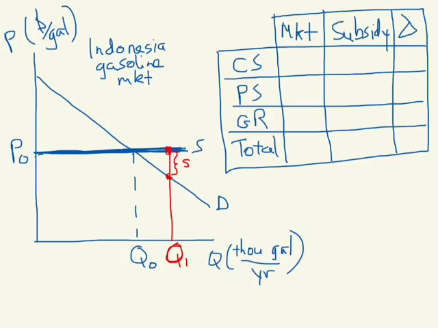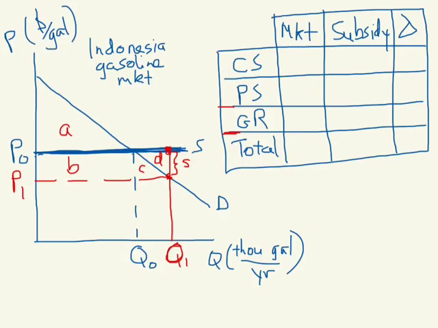The price buyers pay, of course, in this case is P1, and we are ready to analyze welfare outcomes. A, B, C, D. Notice over here I've got a new row in our welfare analysis table for government revenue. Government revenue is a positive if government is collecting taxes. Presumably the government is going to buy useful goods and services for its citizenry, so we count tax revenues as a positive.